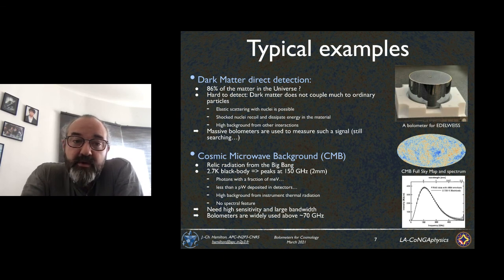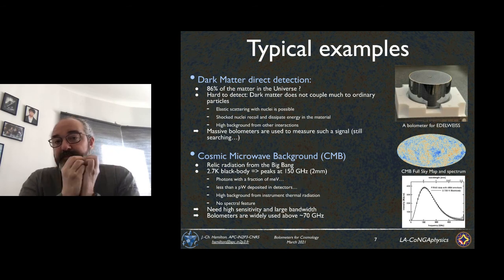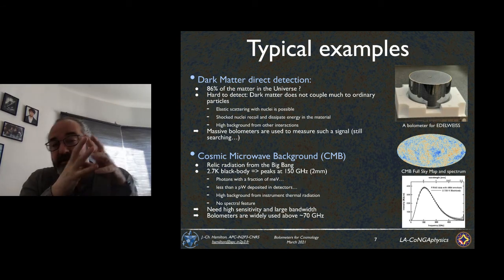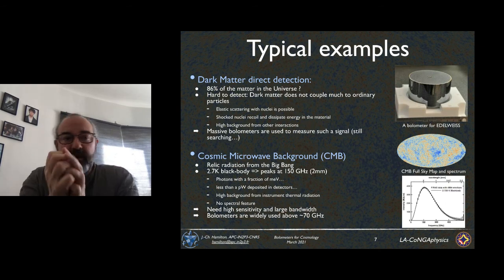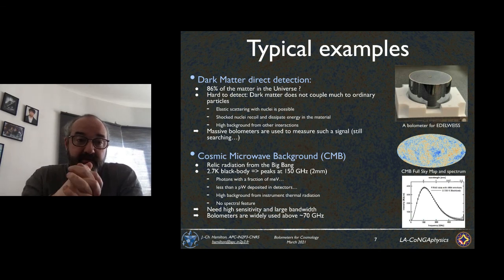But for sure, what we know is if it exists as particles, they do not couple much to ordinary particles. But it is possible that there is elastic scattering with the nuclei, and in such a collision, some energy would be deposited in the nucleus, which would recoil, and this recoil would dissipate energy in the material.